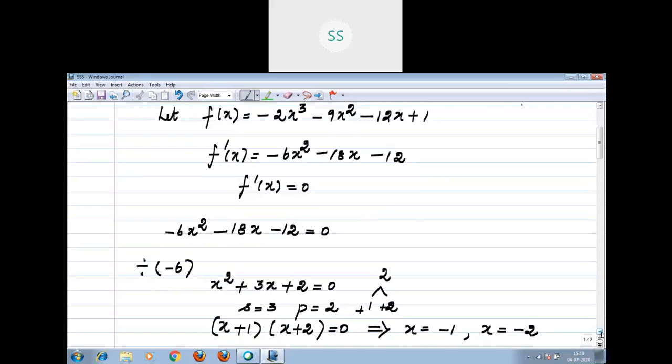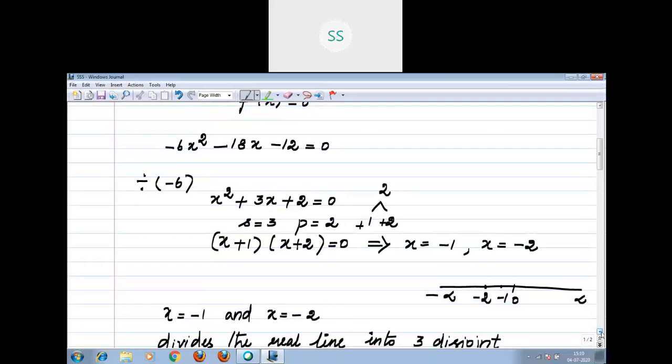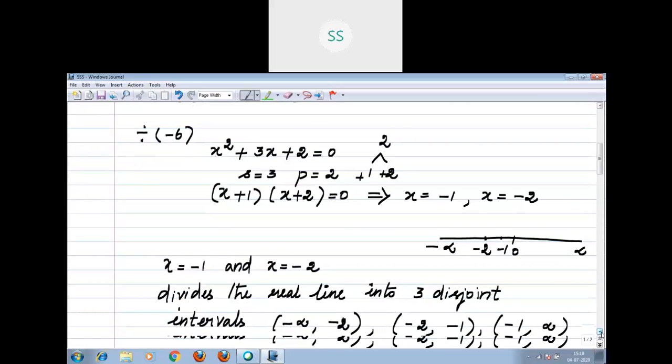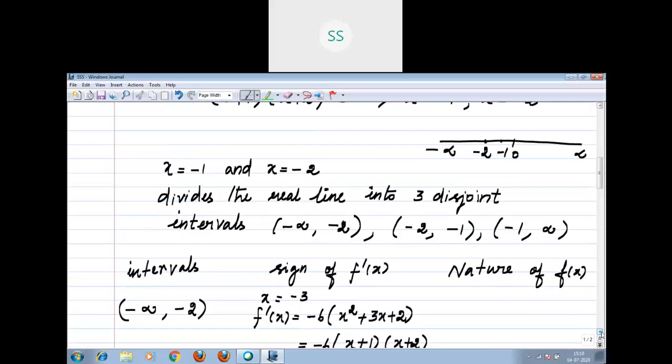Using that, you are dividing the real line into 3 disjoint intervals. That I wrote here, right? Minus infinity to minus 2, minus 2 to minus 1, minus 1 to infinity. Then we are checking in which interval the function is increasing and in which it is decreasing. Now you see minus infinity to minus 2.